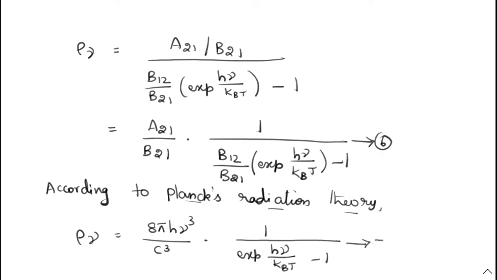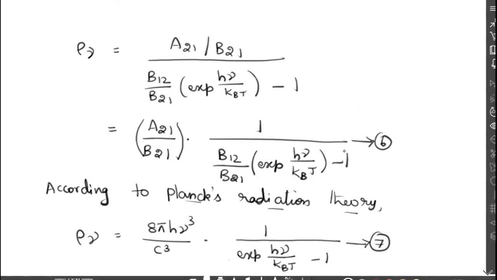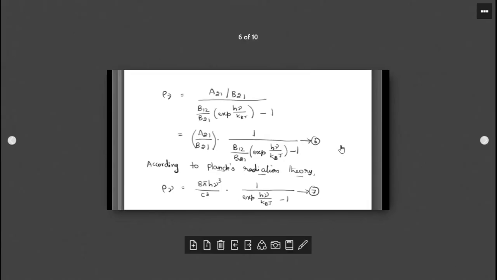By comparing equations 6 and 7, I can write A21 by B21 is equal to 8 pi h nu cube divided by c cube. So B12 by B21 becomes 1 here.